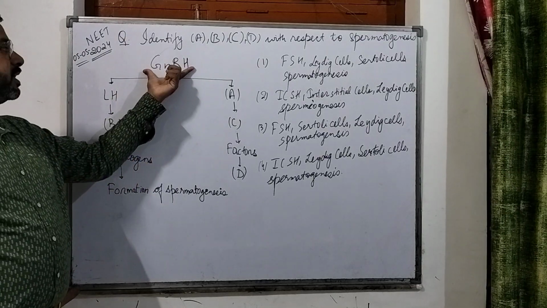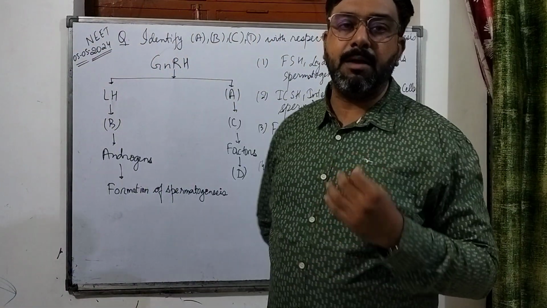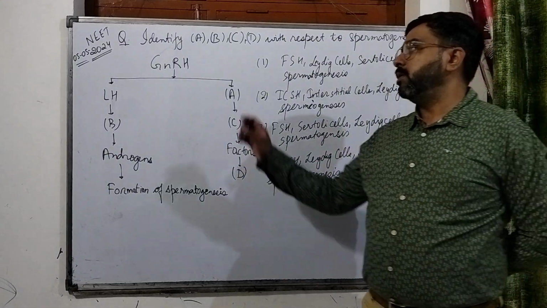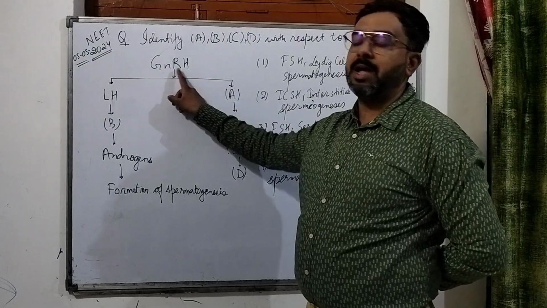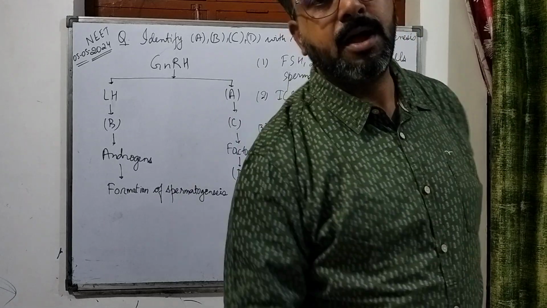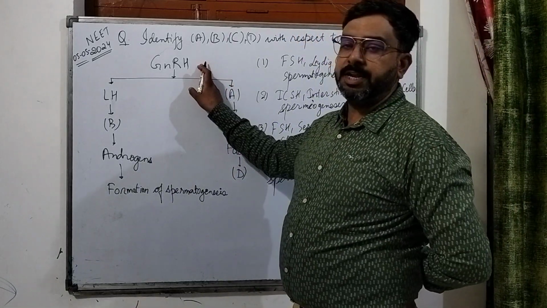Let us first begin with the basic concept. Whether it is a male or a female, on the onset of puberty, a hormone called GnRH, gonadotrophin releasing hormone, is released by the hypothalamus, which signals the anterior pituitary.